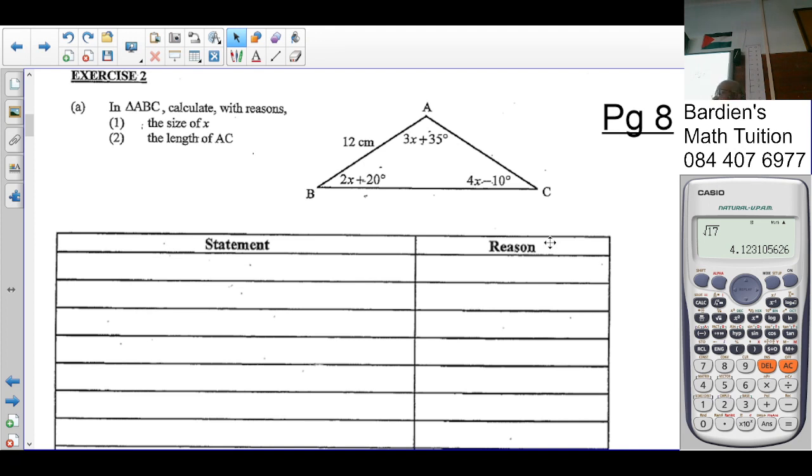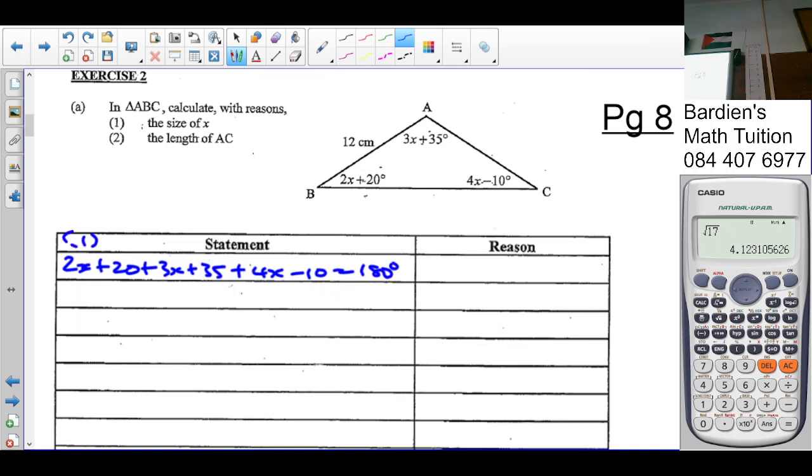So where do we start? 2x, yes. 2x plus 20 plus 3x plus 35 plus 4x minus 10 equals 180. Sum of triangles. This here is sum of, not the E that you guys are doing.